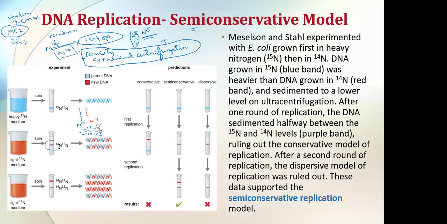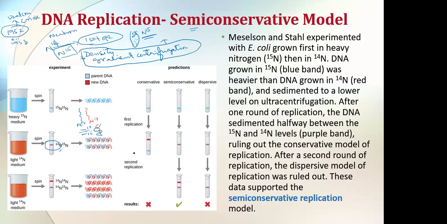This purple band is in between. N14 is very light, so that will create a band over here, but N15 is heavier, so that will create a band over here. But they noticed that when they transferred that N15 bacteria to N14 solution, it created a band in between N14 and N15, and that's the first generation.